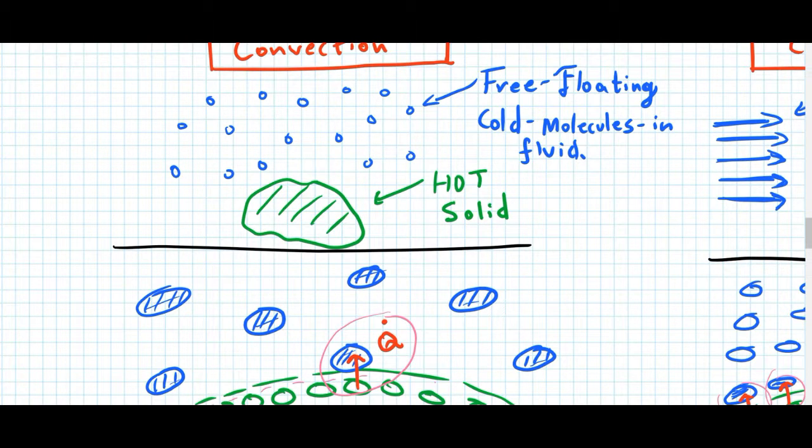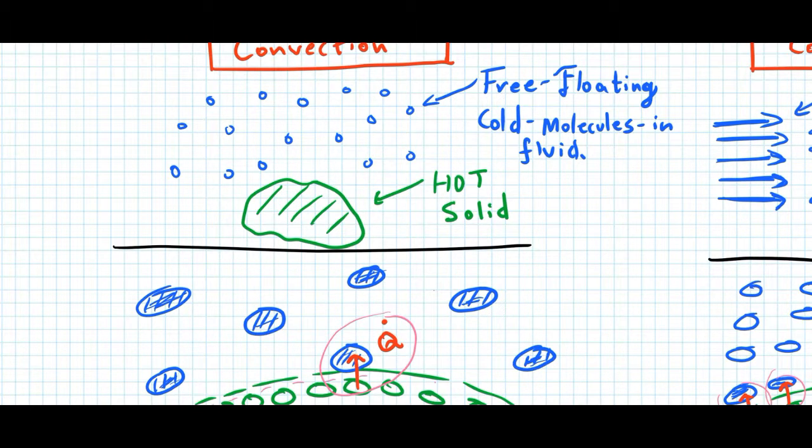So in free convection, let's say we have a hot solid green object, and just to note, this hot solid green object doesn't have to be hot. It could also be cold relative to some free flowing cold molecules. So these little individual blue molecules that you see here, each of them pretty much have random direction in which they're moving.